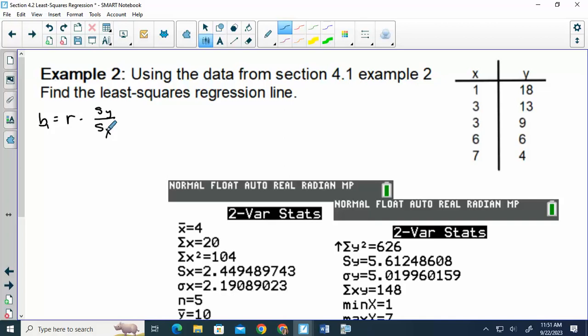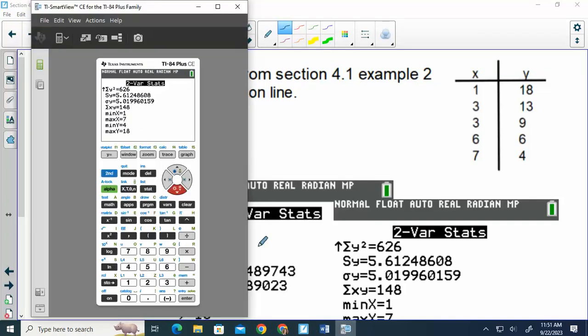Do I have my r here? No. Let's go ahead and calculate the r. In doing this, it's also going to give us the equation, but I'm going to show you how the equation came about. So if we go to stat, calculate, linear regression number 4, enter through all of this.